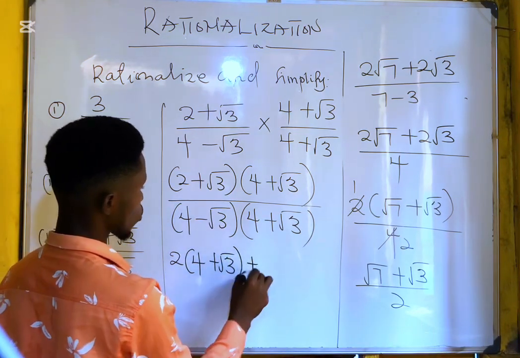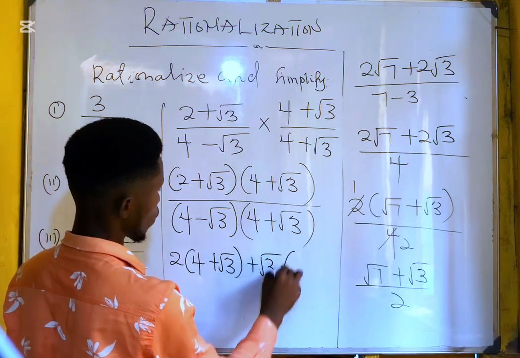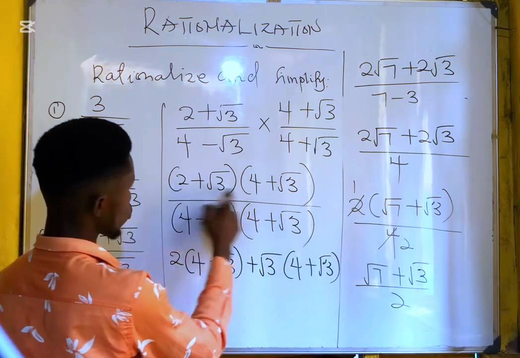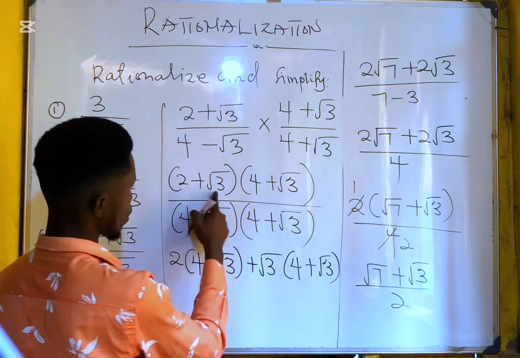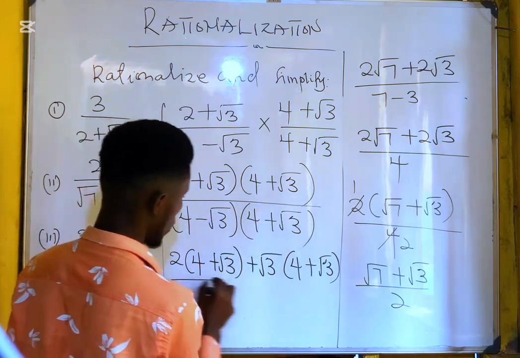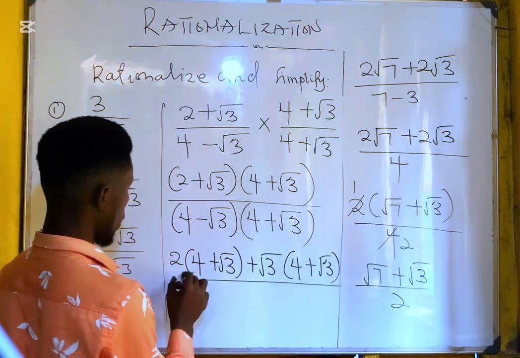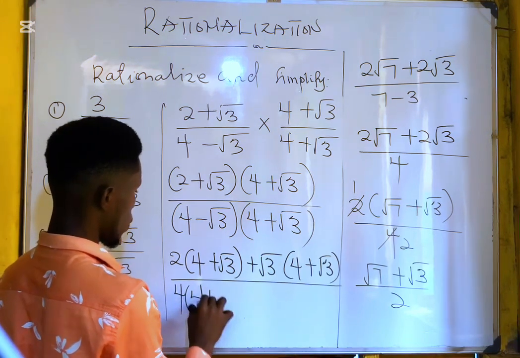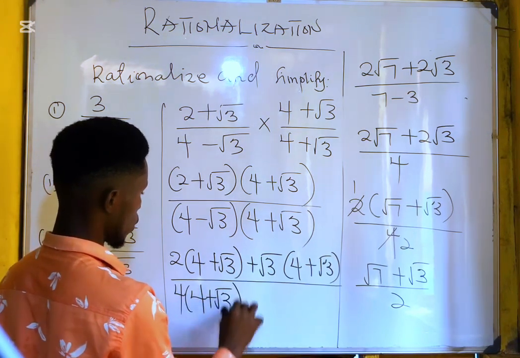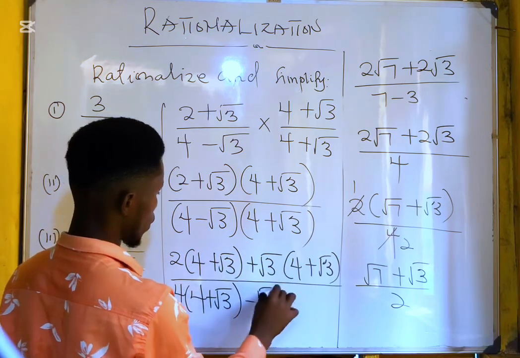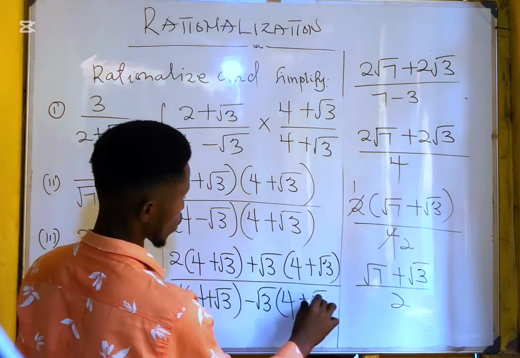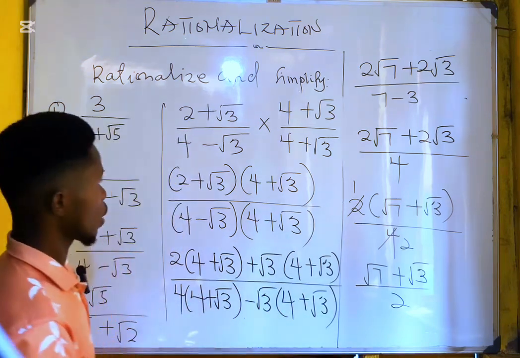And this root 3 also multiplies the whole of this, 4 plus root 3. So when you take the 2, you multiply the whole of this, plus you take root 3, multiply the whole of that. The same thing applies here. If I take the 4, I'm going to multiply 4 plus root 3. If I take negative root 3, I'm going to multiply 4 plus root 3. Is that okay?